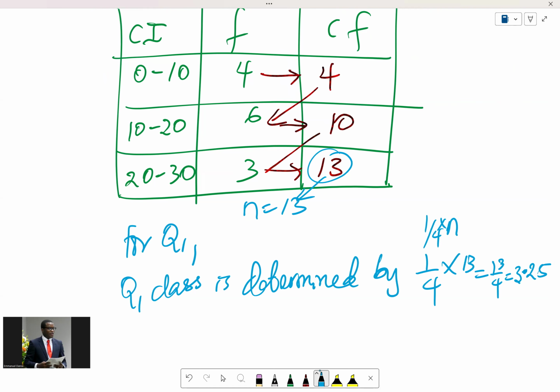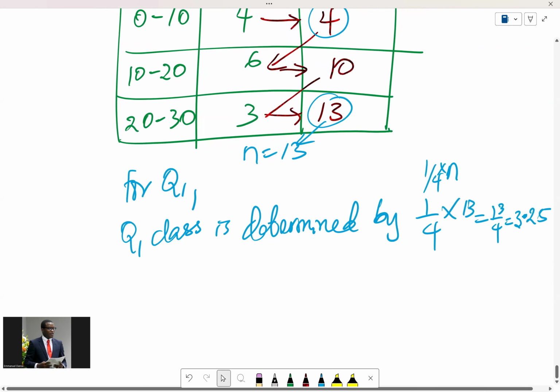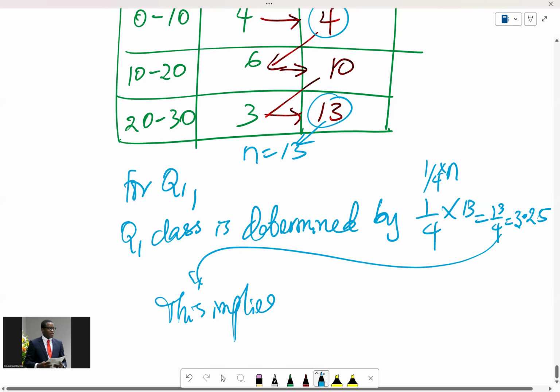This is 4, so 3.25 is swallowed here. This implies that 0 to 10 is the Q1 class.